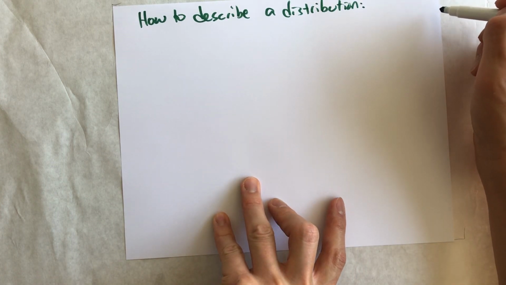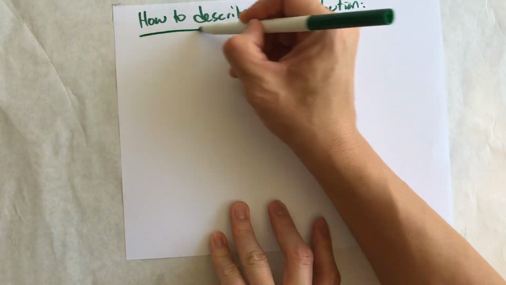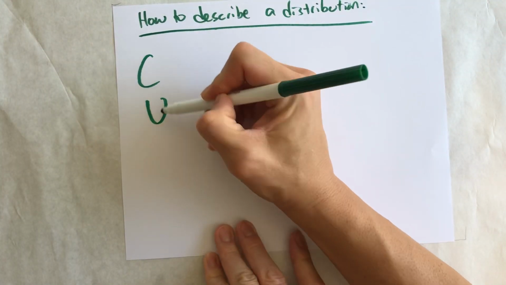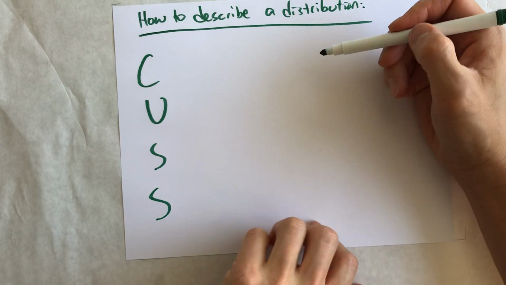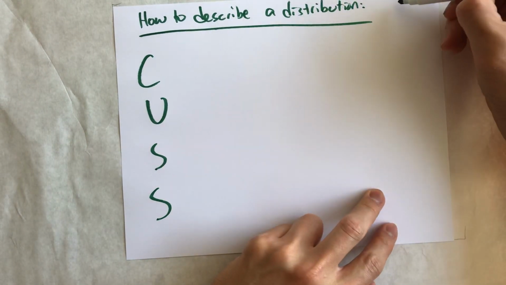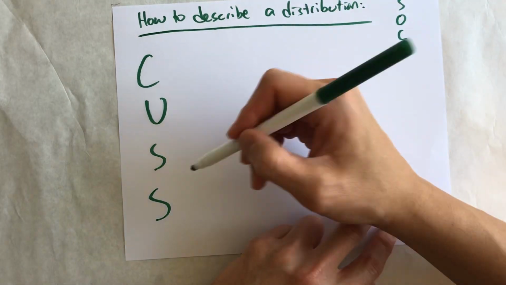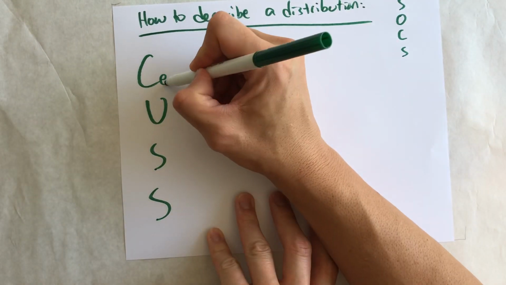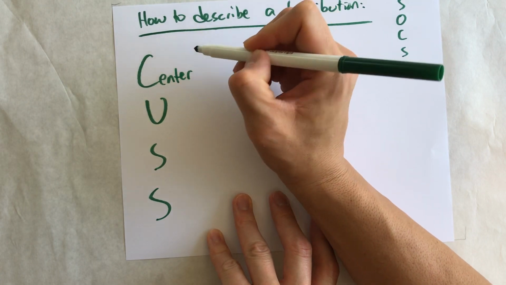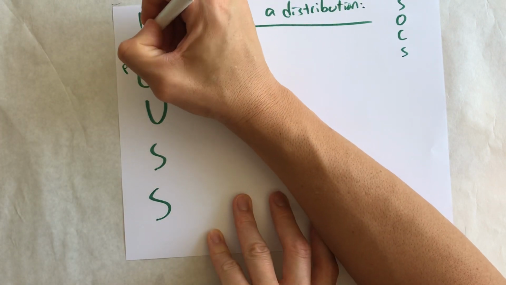So we use an acronym called CUS. If you look at some online resources, you might see something like SOCS, but I'll tell you in a second why I don't like SOCS. I prefer CUS, okay? So the C stands for center. We're going to reference page 52 for this.